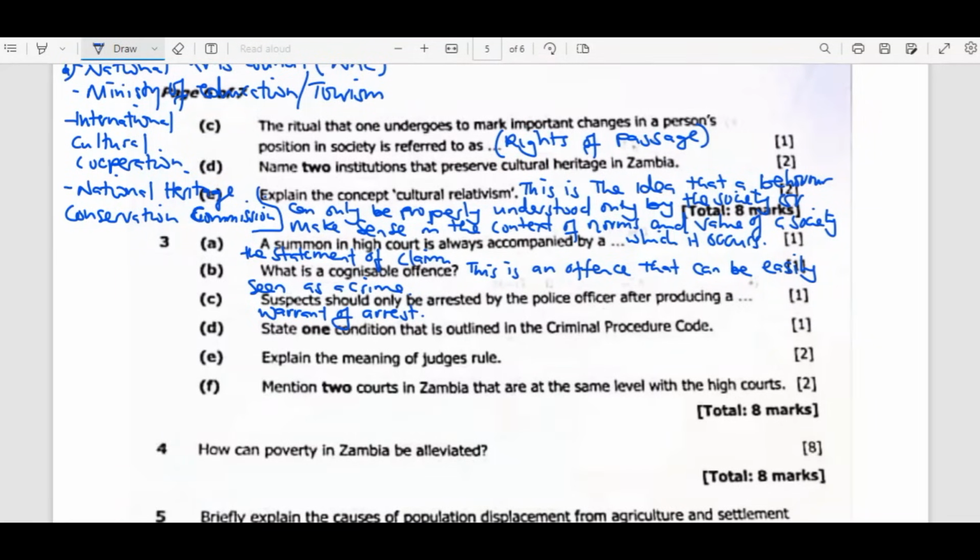But now there are those conditions that allow, or the conditions that are outlined in the criminal procedure code. There are several, and we're going to mention only one here.